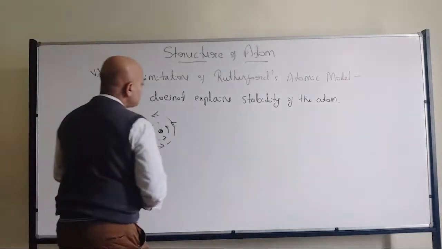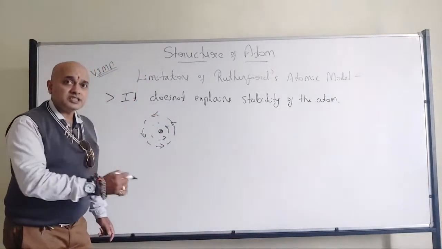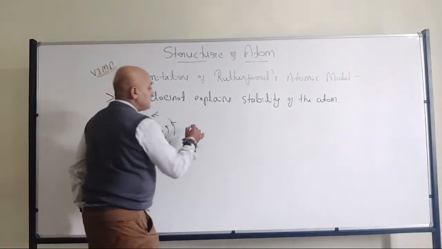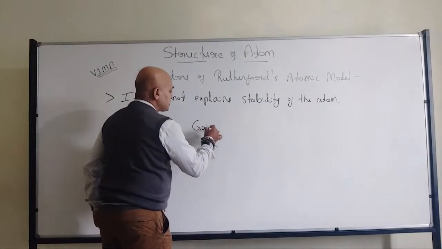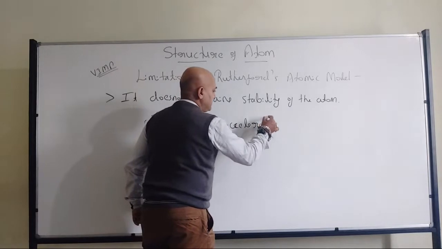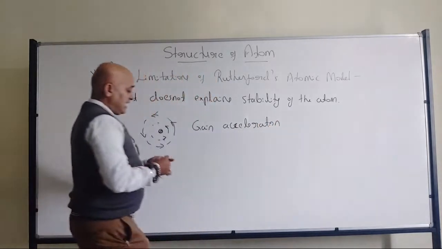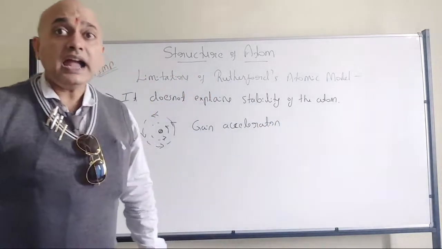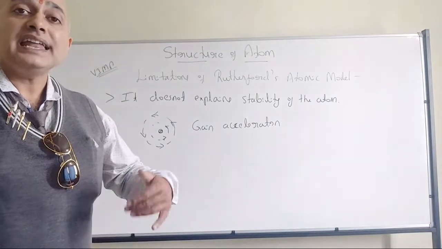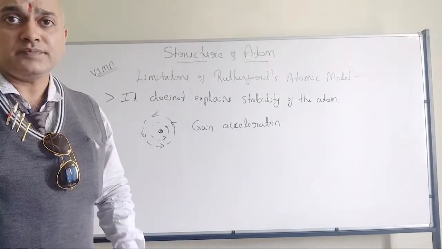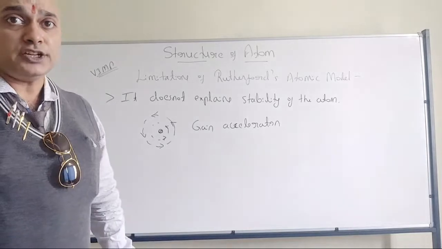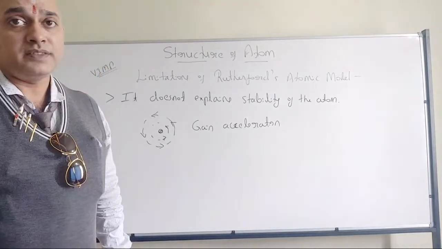Now when a charged particle is changing its path, it should gain the acceleration. Right? And since electrons are charged particles, they can emit the radiations to nullify the acceleration. They can emit the radiation, but that is not happening.